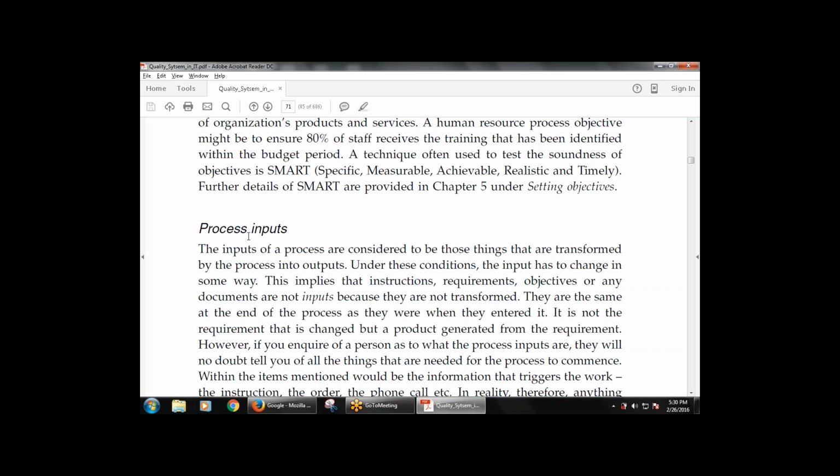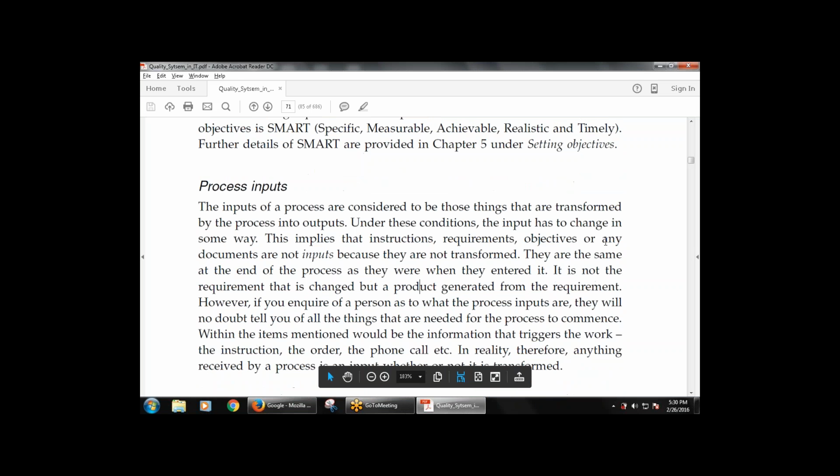They are the same at the end of the process as when they entered. That means they are not converted into the output; they remain the same.